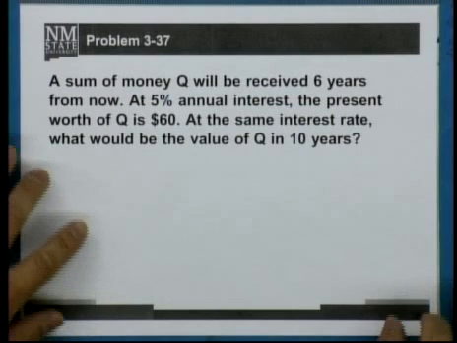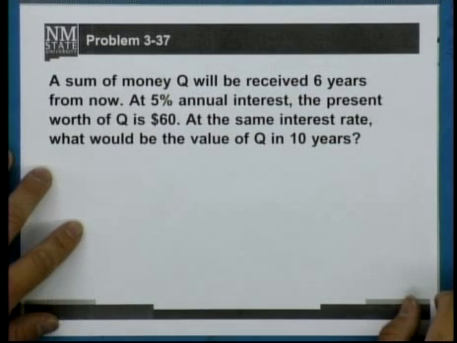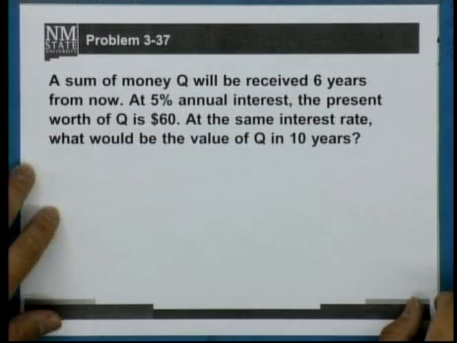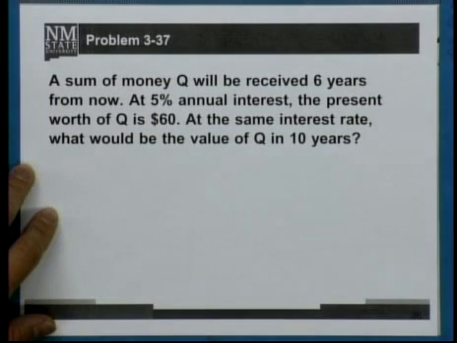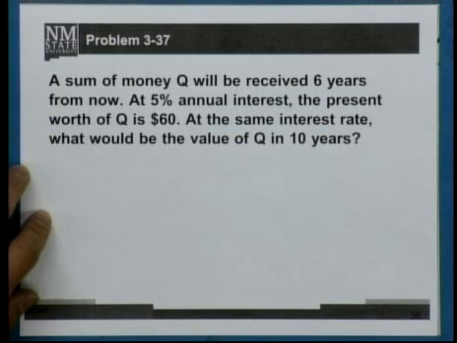A sum of money, Q, will be received 6 years from now. At 5% interest rate, the present worth of Q is $60. At the same interest rate, what would be the value of Q in 10 years?